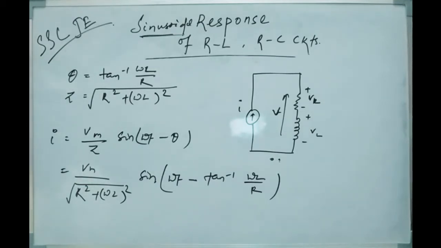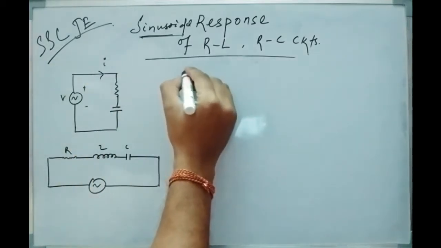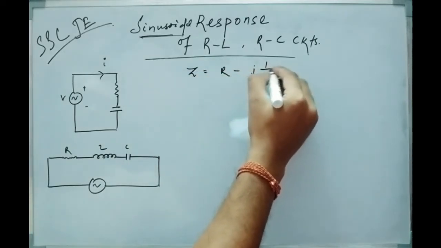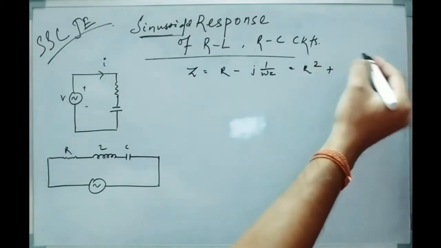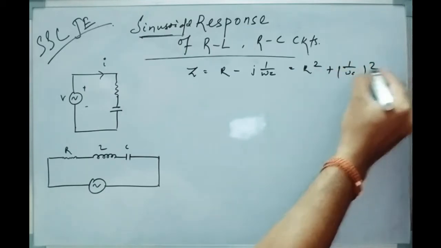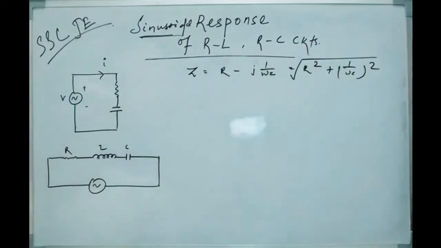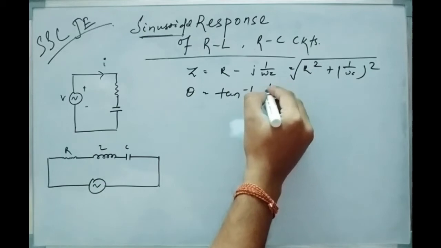Let us go to the other case, that is the RC series circuit. I'm directly writing the solutions here. For this RC series circuit, Z equals R minus j times 1 by omega C in complex form. The magnitude is the square root of R squared plus (1 by omega C) whole squared, and theta will be tan inverse of 1 by omega RC.